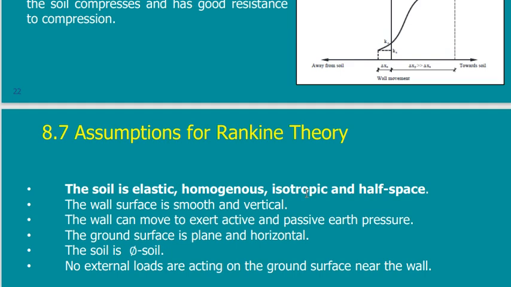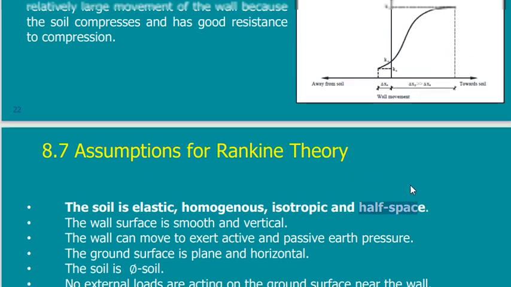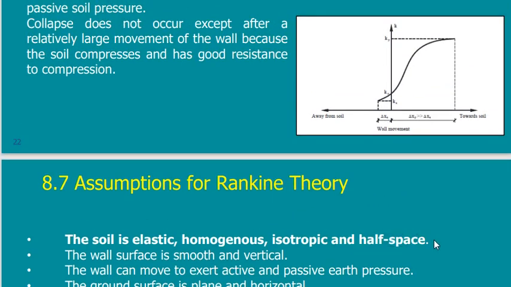And it is half space. Ignore this half space. Half space means that I'm not studying something all of it in the soil. No, I'm studying part soil and part air.